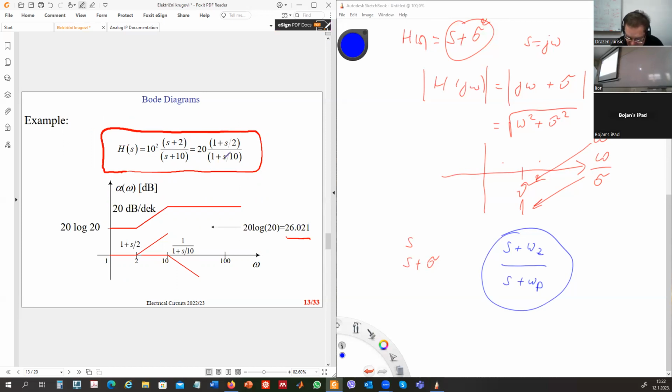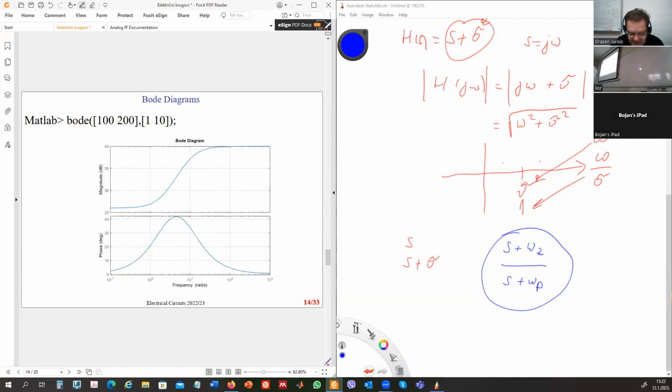Then I put it in MATLAB, and exactly, this is the exact Bode plot of our function which we have here. So we will use this to construct a fractional order element.